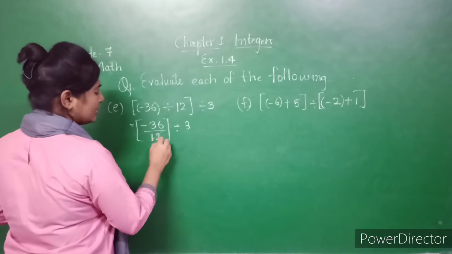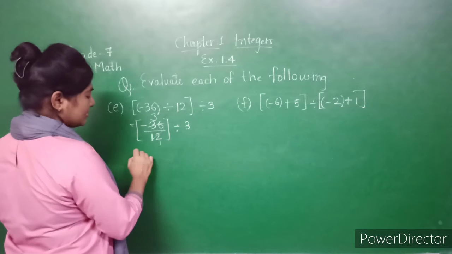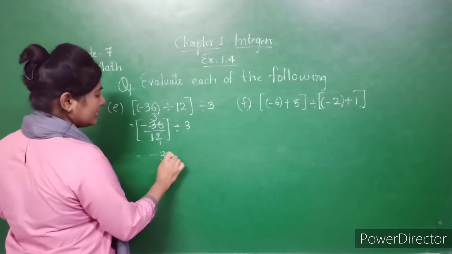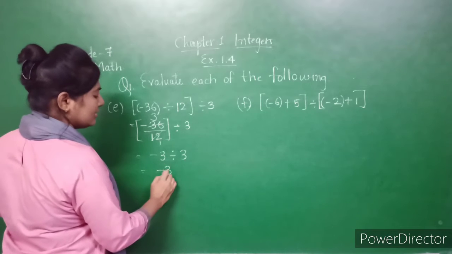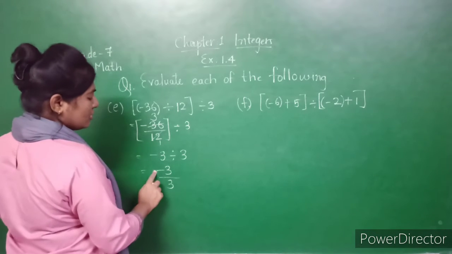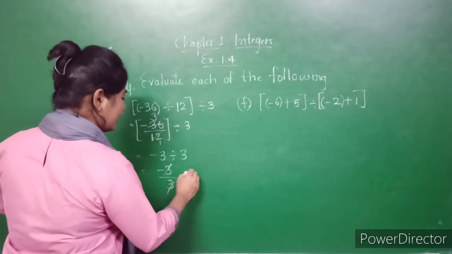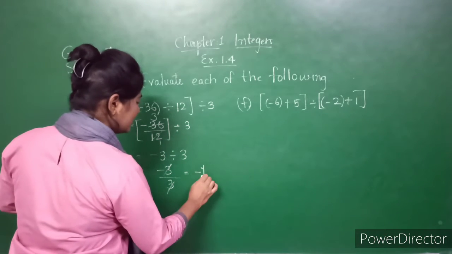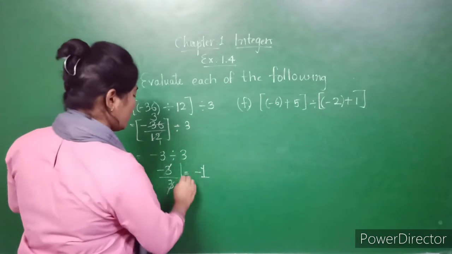So 12 ones are 12, 12 3s are 36. So here 1 minus is there. So it is minus 3 divided by 3. So minus 3 divided by 3. So here also 1 minus is there. So our answer is in a negative form, that is minus 1.